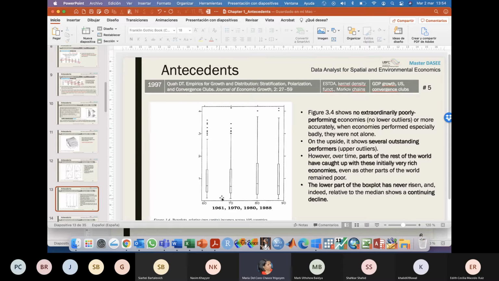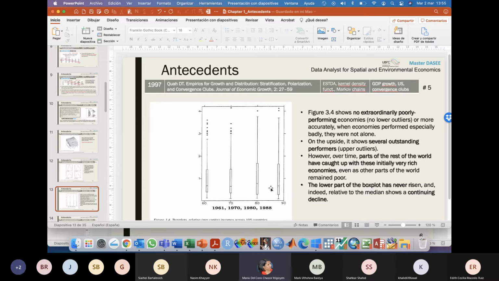So as you can see here, this low part is in the same position. So many countries in the world are growing, but the lower ones, the ones located in the lower parts, stay as poor as in the beginning. And so relative to the mean, even relative to the mean, they show a continuing decline, because the mean value is here, this straight line that is depicted here.